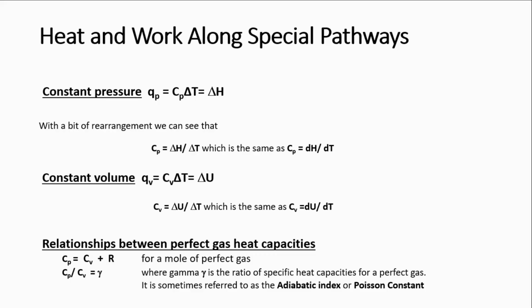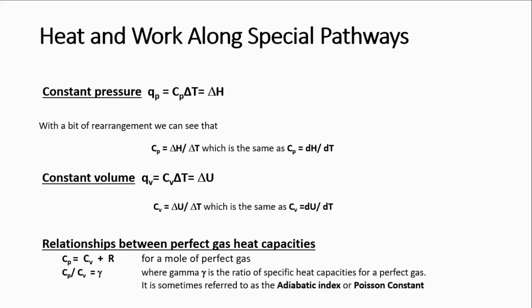Similarly, at constant volume, we know that Q, constant volume heat, is equal to Cv delta T, which is equal to delta U, of course, because the internal energy of a system is the same thing as the constant volume heat. We can rearrange that expression and we can see that Cv is equal to the ratio of internal energy change to change in temperature, which is the same as dU over dT.